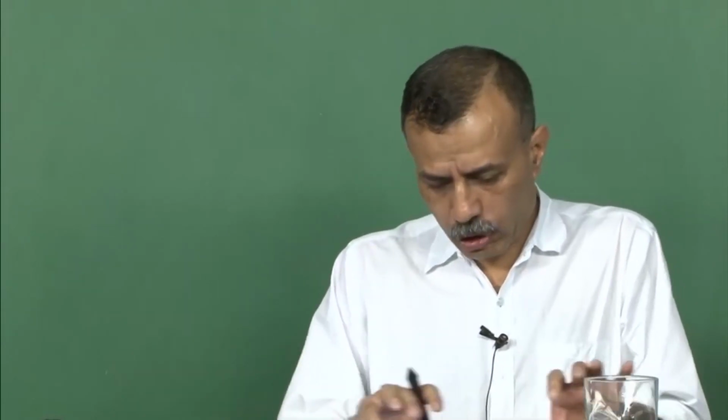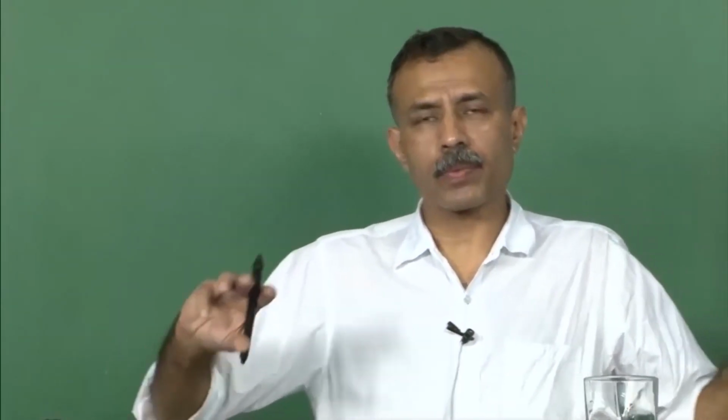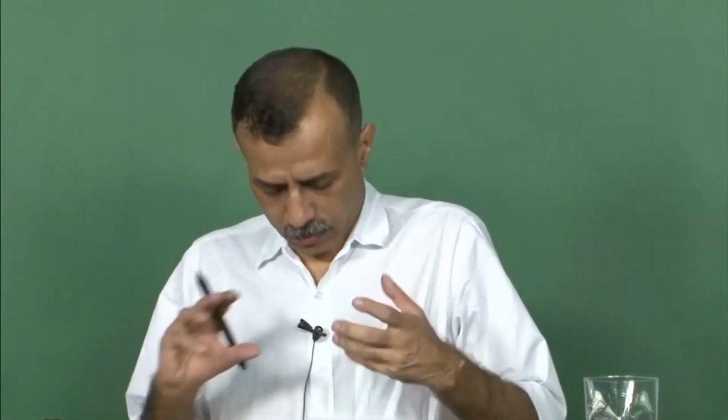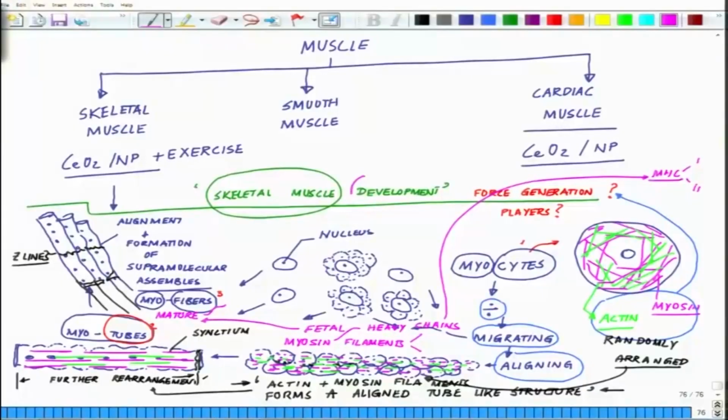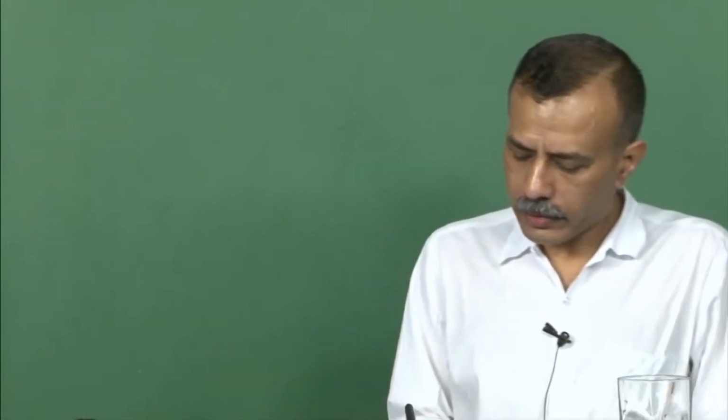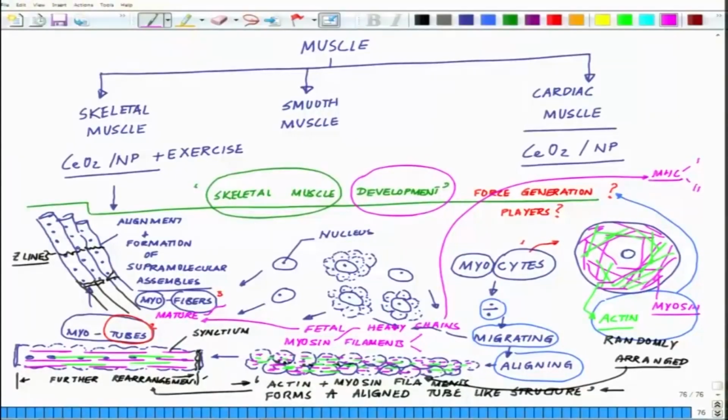So, during this development, as these tubes are forming and aligning, their myosin heavy chain type changes, and it is one of the most beautiful examples of development. Okay, and there are cassettes of gene families which are involved in regulating this process. What is important for you to realize is this rearrangement of a structure, and this is where I am coming.